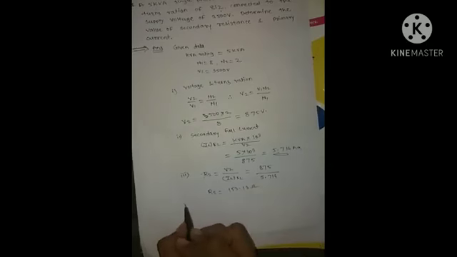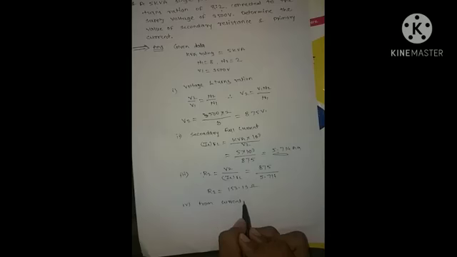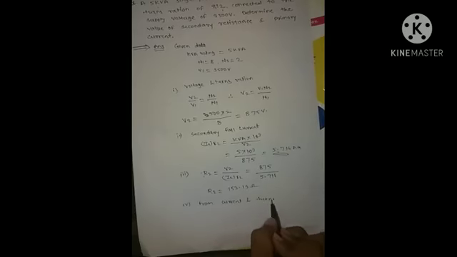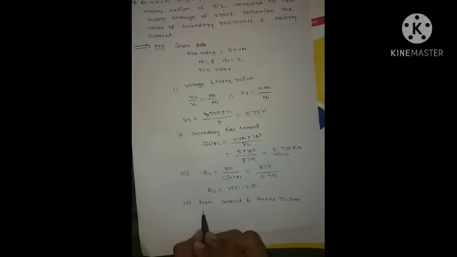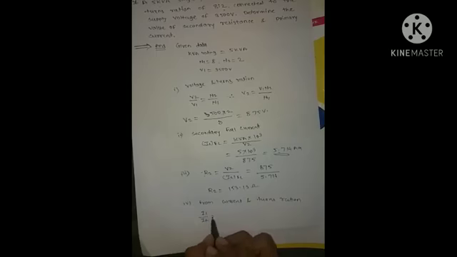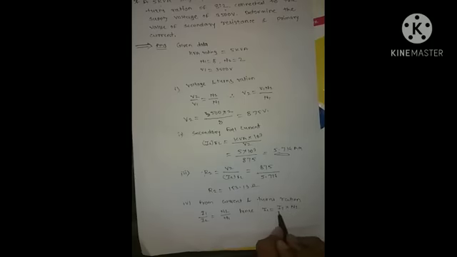Okay, from the current and turns ratio, I1 upon I2 equals to N2 upon N1. Hence I1 equals to I2 into N2 upon N1.